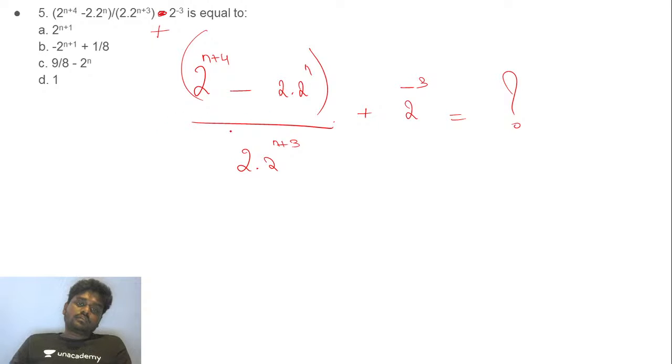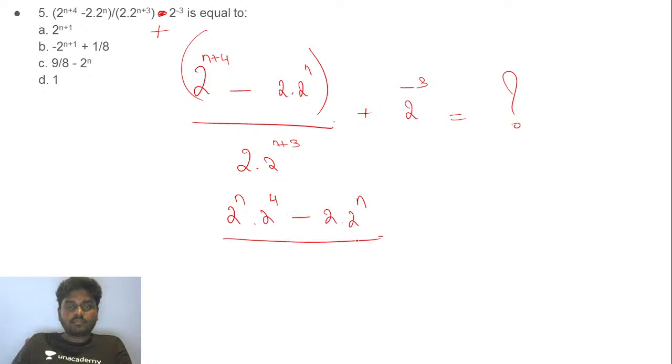So if you see here, has anybody got the right answer for the fifth? Listen, what I can do exactly is split this 2 power n plus 4 as 2 power n into 2 power 4 minus 2 into 2 power n divided by 2 into 2 power n plus 3, plus 2 power minus 3.